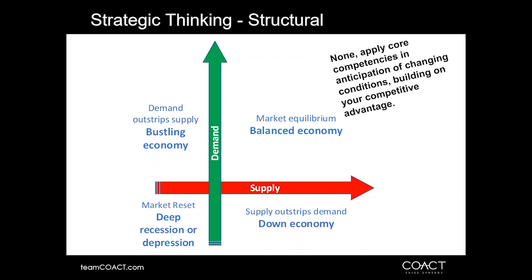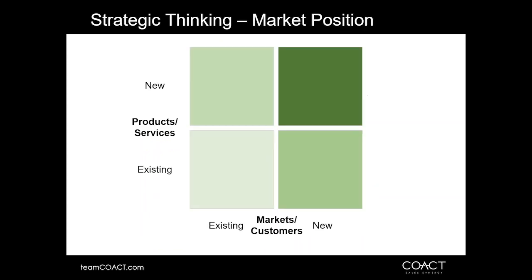Let's talk about market position a little bit. I use this a lot when I work with our clients. On one axis, I think about products and services. So there's products and services that you have, a great deep portfolio. You're used to supplying them. You supply them on a regular basis, existing products and services, whatever it is that you do.